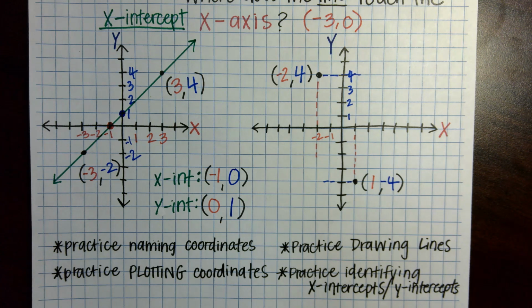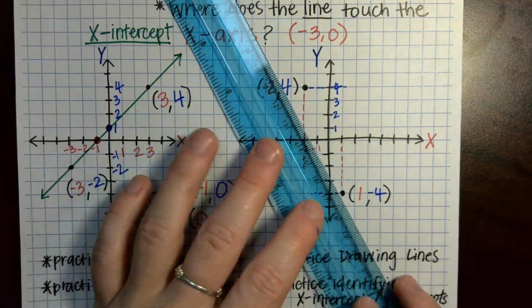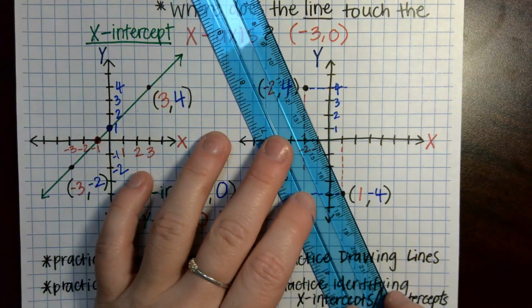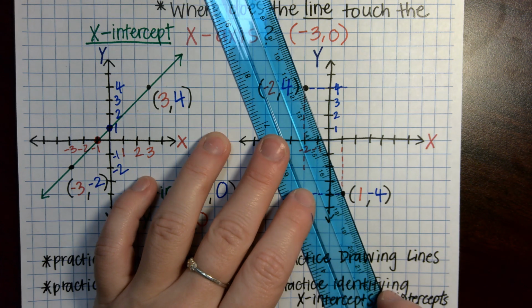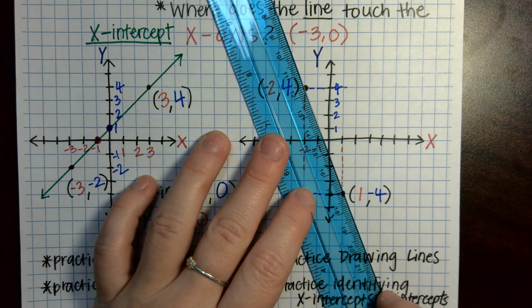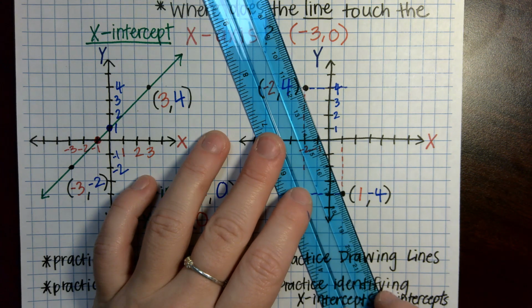Now let's practice drawing that line. I want you to line up your ruler as closely and as precisely as you can get it on those points. Take your time with it, be slow, make sure it lines up real nice.